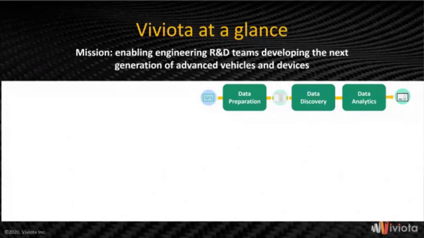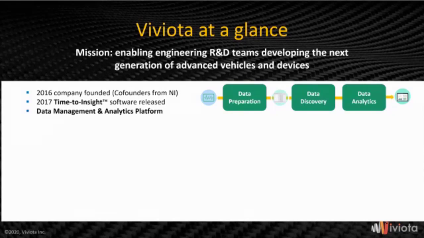Before I move on to the project as a whole, I wanted to do a little bit of a plug for our company, what we do. Viviota does a lot of work with engineering teams, targeted at working with them on next generation advanced vehicles and devices, specifically from the data management and analytics perspective. We were founded in 2016.